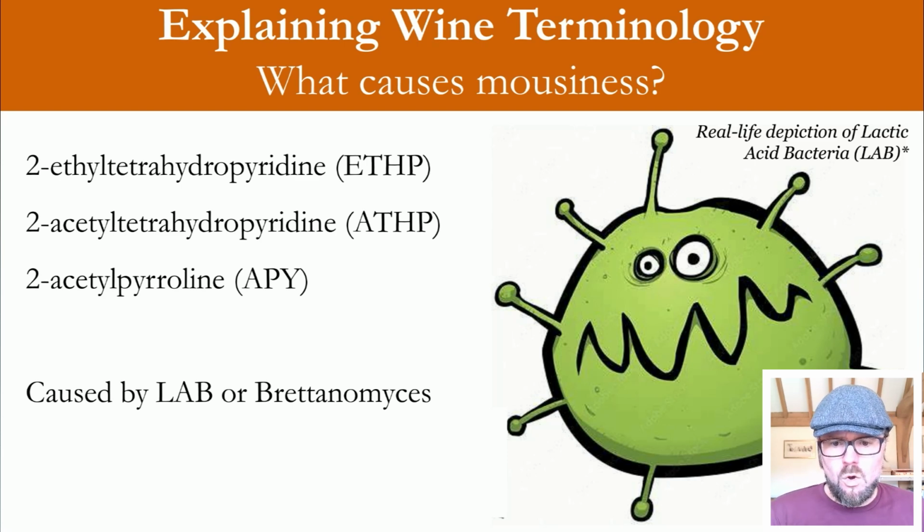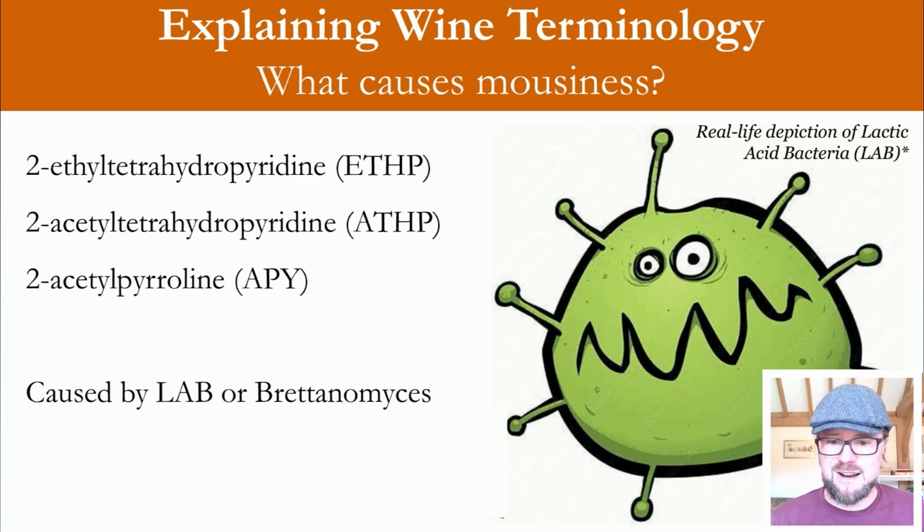Now, what causes these compounds to develop in the wine? These compounds are produced either by lactic acid bacteria, which we have mentioned already on the right-hand side, so that's Oenococcus oeni, or members of the Brettanomyces, the Dekkera family of spoilage yeasts.